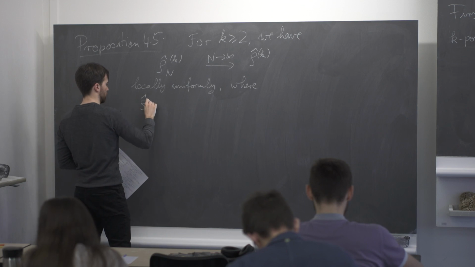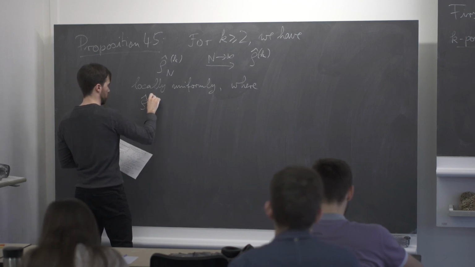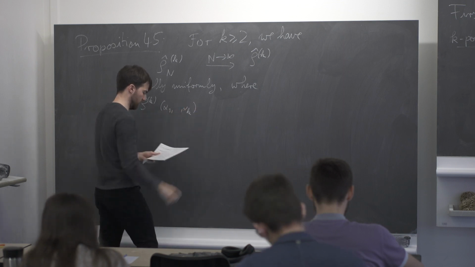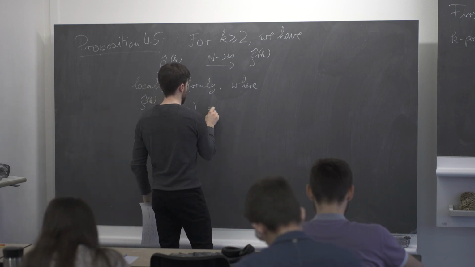So rho hat k of alpha 1 up to alpha k is defined as follows.